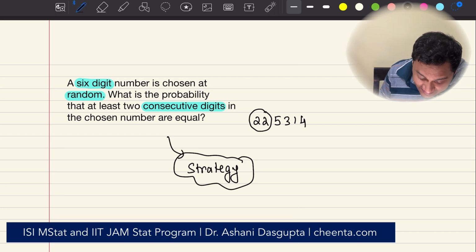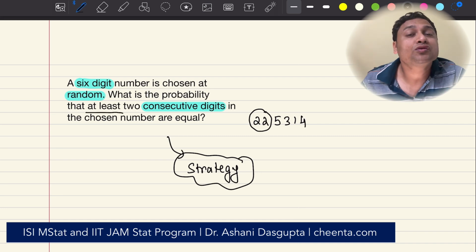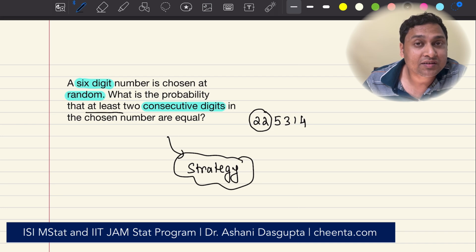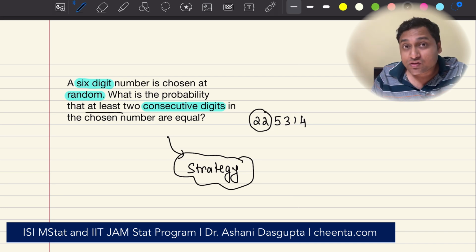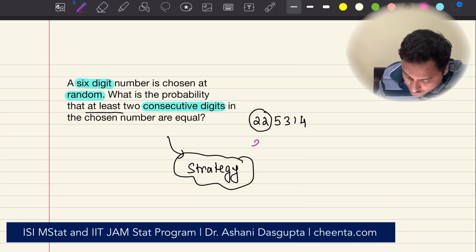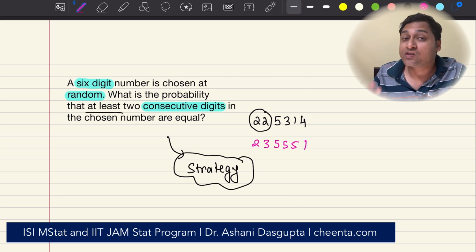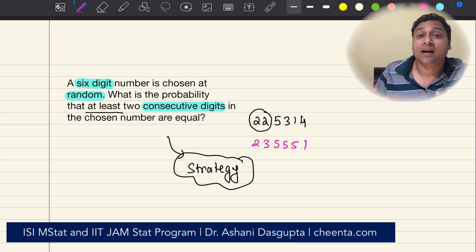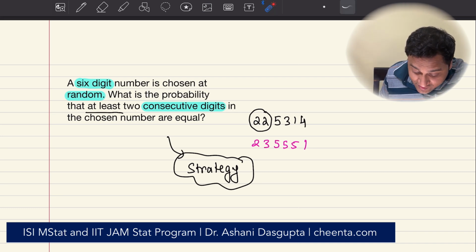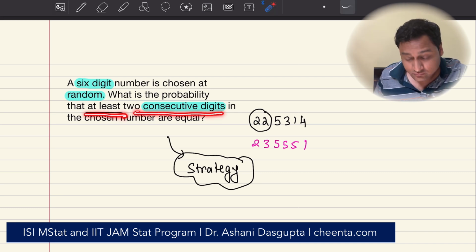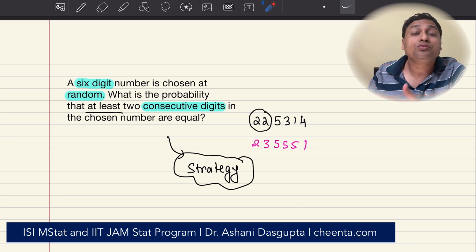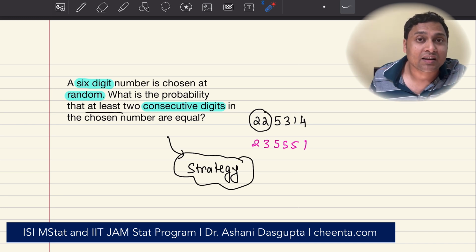It says at least 2 consecutive digits are equal, so there could be more than 2. For example, we could have 235551. That is also an example of a number which fits into this category.